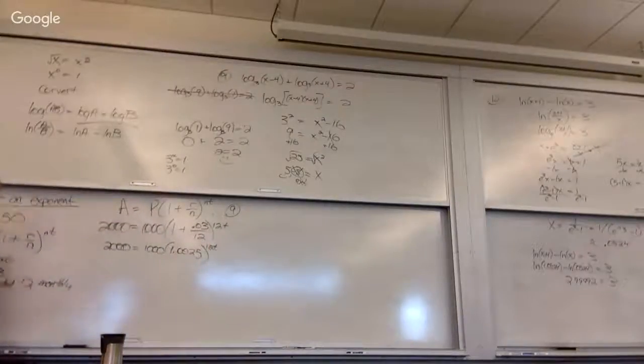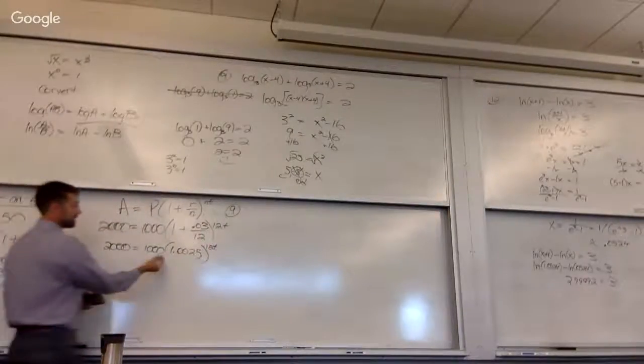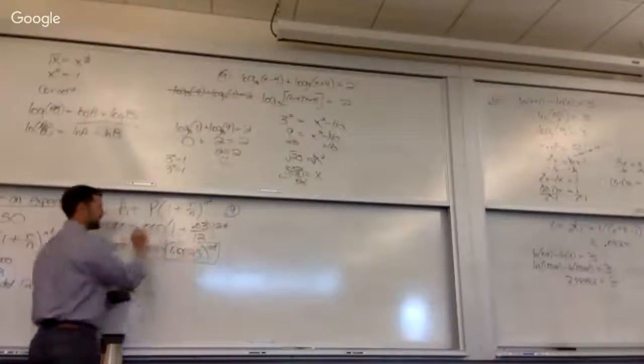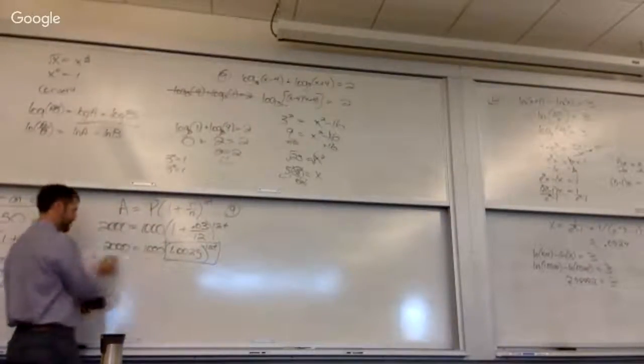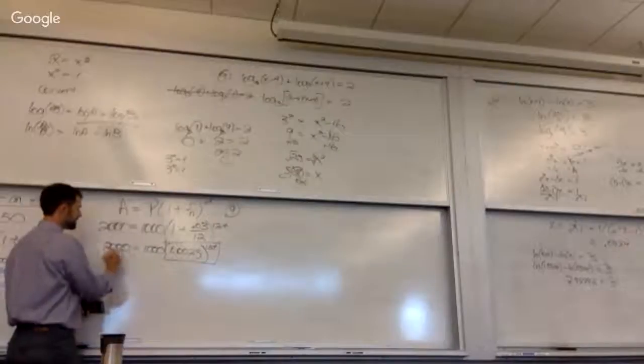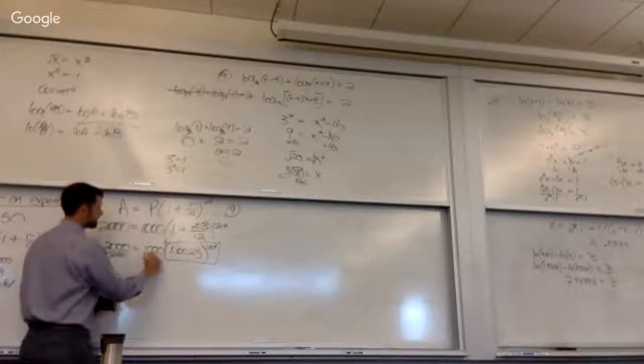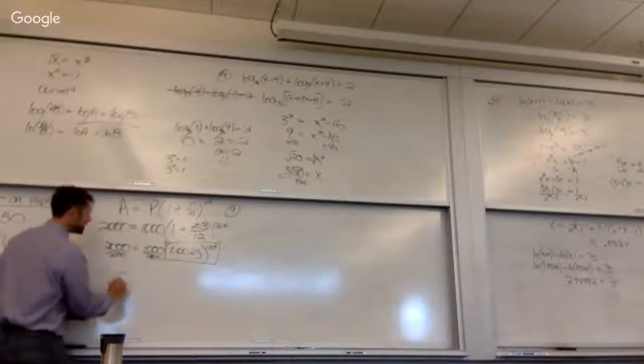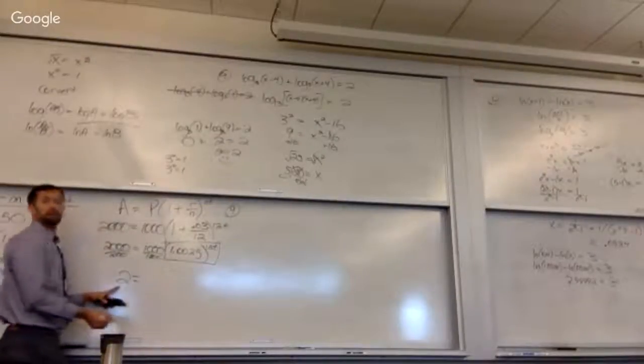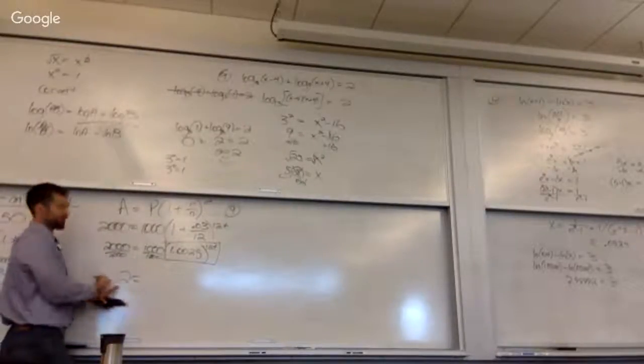Okay, so what do I do? Yeah, and specifically our first goal is isolate the exponential, divide off the 1,000, so 1,000 divided by both sides, that's just going to be 2. And notice, this is kind of fun, this number 2 now represents the fact that I want to double my money. How much money do I want? 2 times as much.